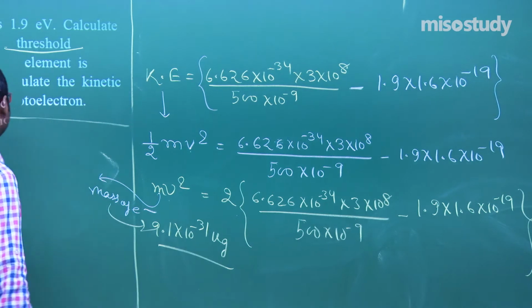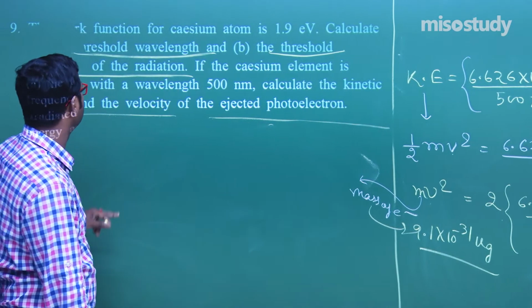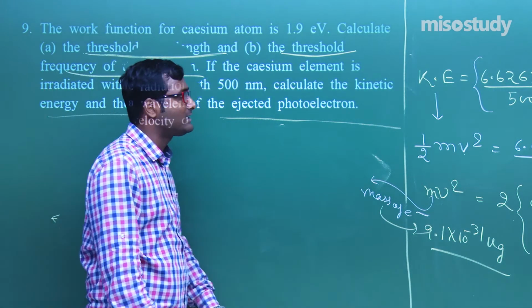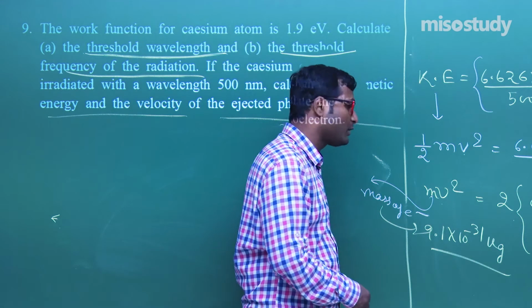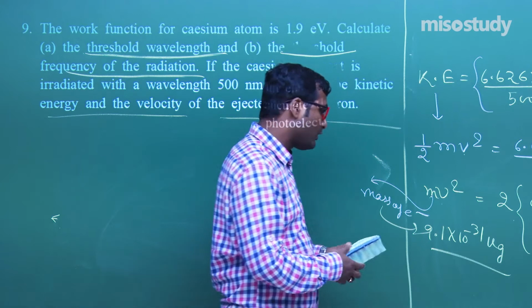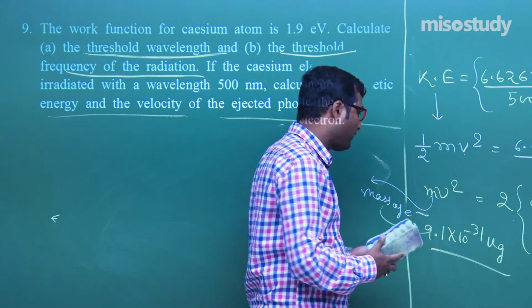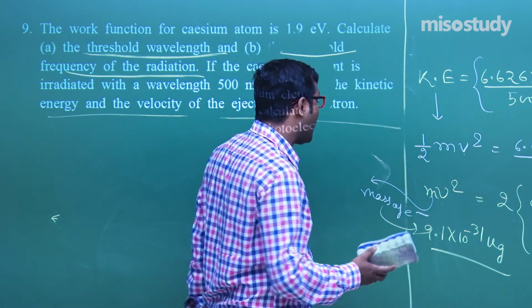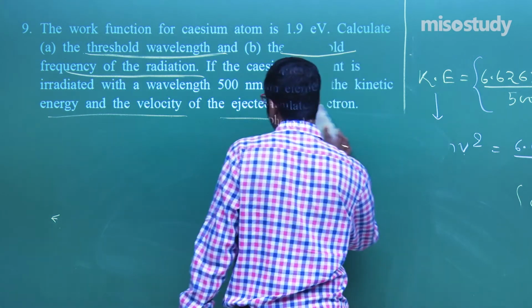So this question is one of the best questions because it contains one part, two part, then the third part, four questions, and overall it carries 5 marks. Clear to you? This is a question from your NCERT. Sometimes we ignore NCERT books, but friends, NCERT chapters and exercises are very useful. They contain valuable questions.